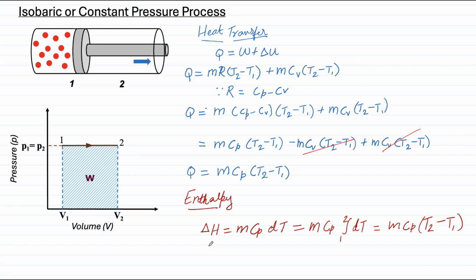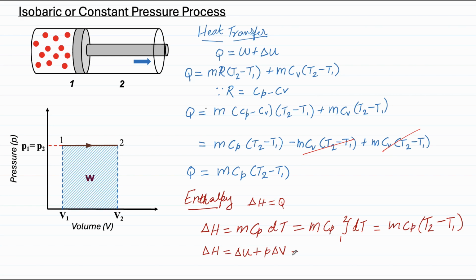As we can see here, the change in enthalpy in a constant pressure process is equal to the heat transfer. This is because the change in enthalpy is equal to the change in internal energy plus pressure times the change in volume.